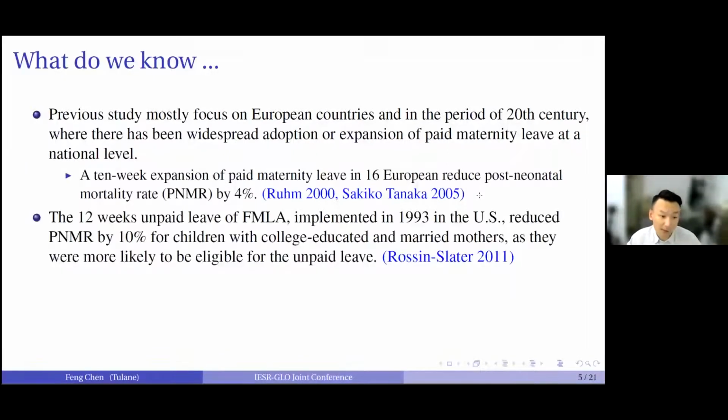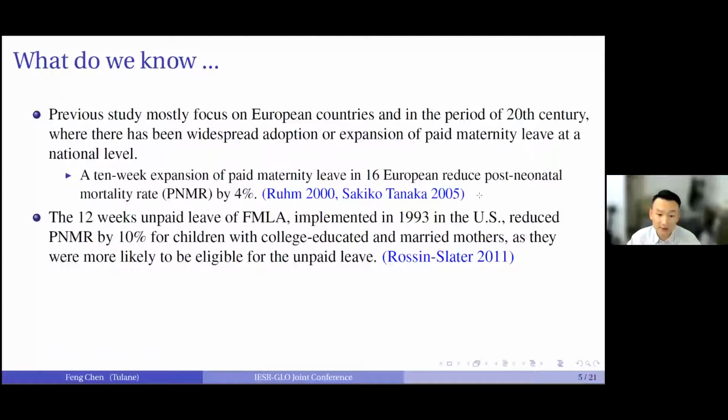However, there are only a few studies from the United States. There is a study looking at the effect of 12 weeks of unpaid leave, called the Family and Medical Leave Act, which was implemented in 1993.